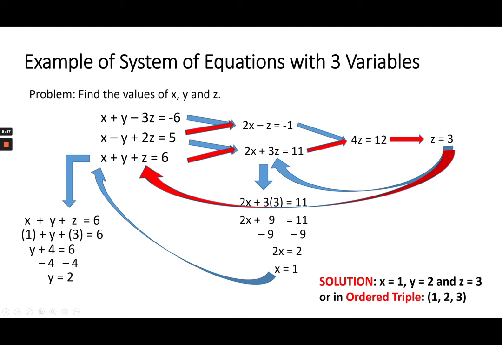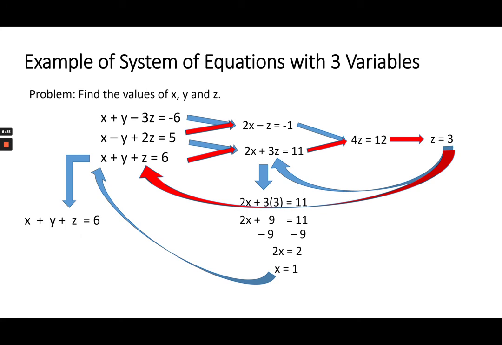As long as x is 1, you could write z first: z is equal to 3, and then y is equal to 2. It does not matter. But in an ordered triple, the order is very strict. X first, which is 1, y is 2, and z is 3. I will leave the checking part for you to verify that the solution is correct.